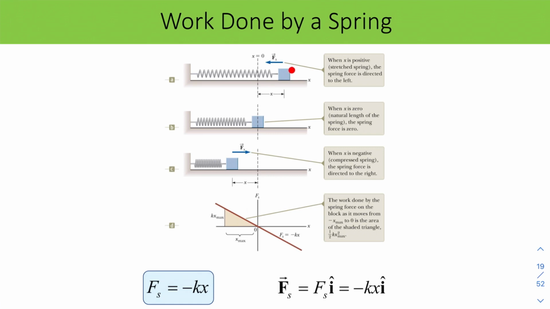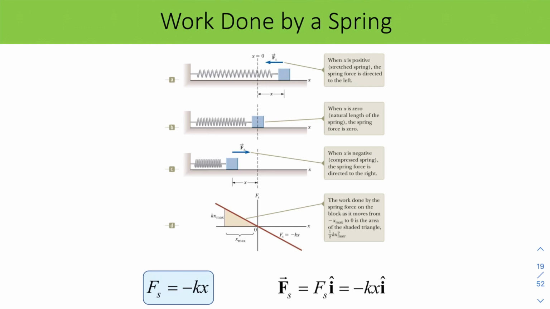The block is going to be moved to the left by the spring force Fs. So bear in mind just now, the displacement that we do on the block is to the right. However, the spring force is to the left, right? It causes the block to move to reach the equilibrium position, to restore its initial position. That is why the spring force is also known as the restoring force.